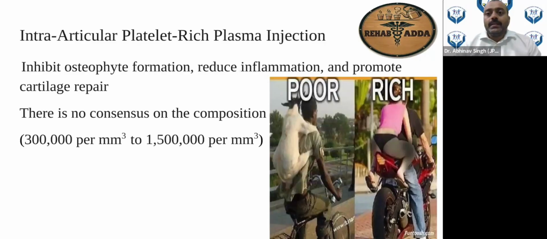Now, PRP, yes, definitely PRP is the new darling in osteoarthritis research, and it has its own mechanism of action, where it works by inhibiting osteophyte formation and reduces inflammation. That it reduces inflammation is very important because the mechanism of PRP starts with increasing the inflammation, and that increased inflammation leads to promoting cartilage repair.